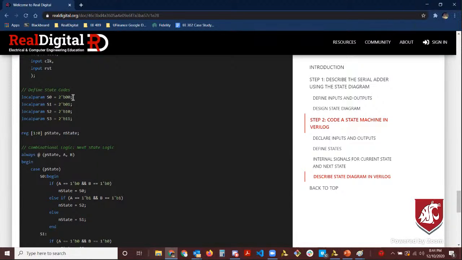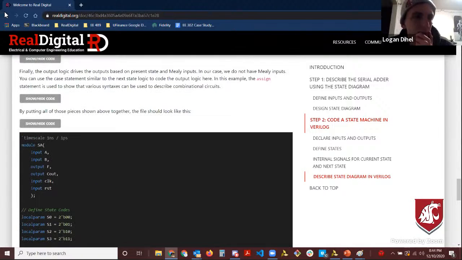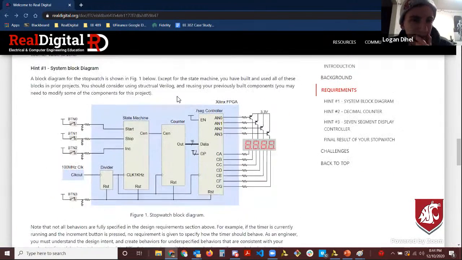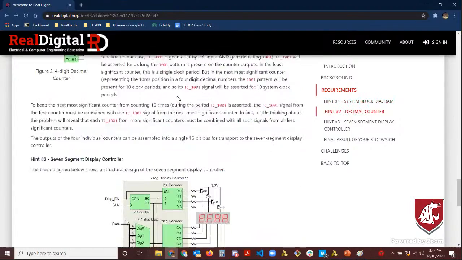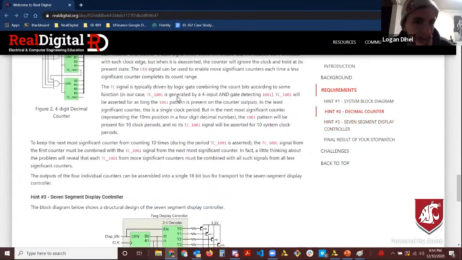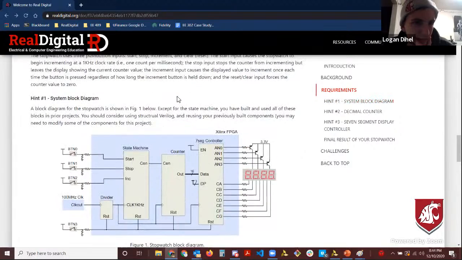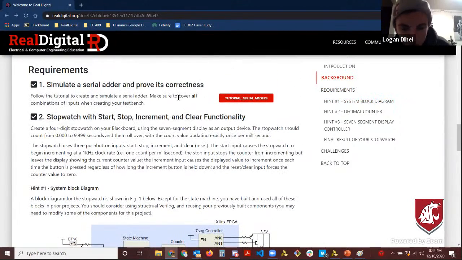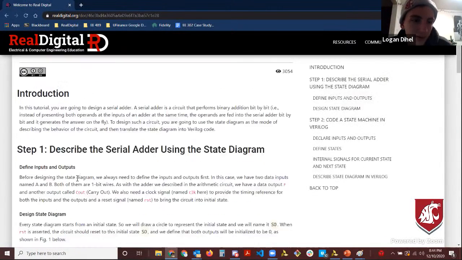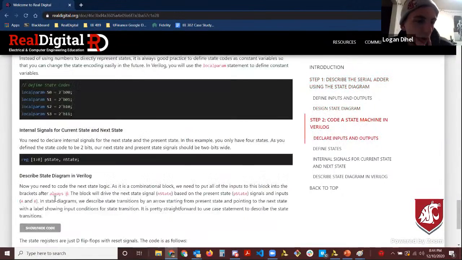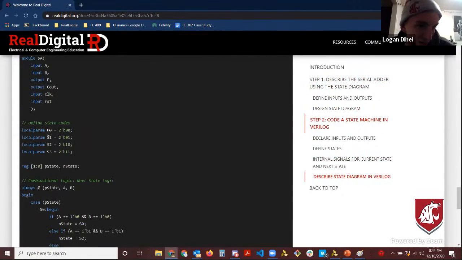Okay, so even for the stopwatch project, we're going to be having 3 bits, right? Because we have 3 inputs. In the stopwatch, it depends how many states you have. If you have 2 states, S0 and S1, you only need 1 bit.